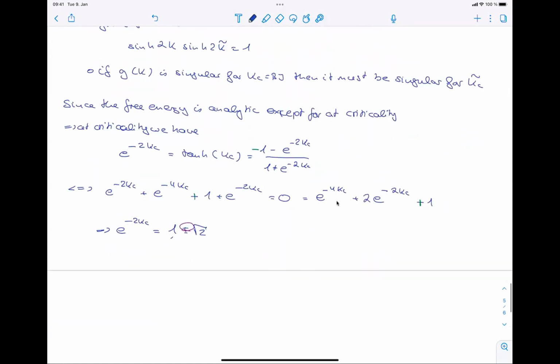And so we find here that the critical coupling is minus ln of the square root of 2 minus 1, all times 1/2, which is equal to 0.441.